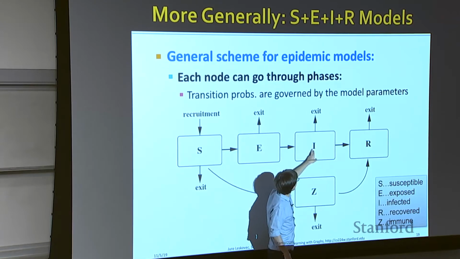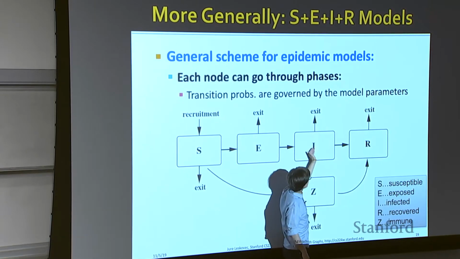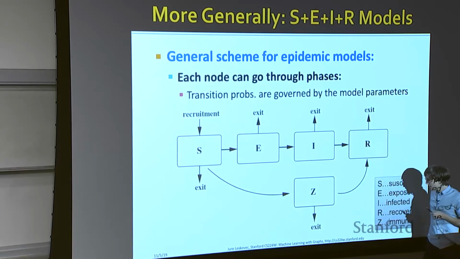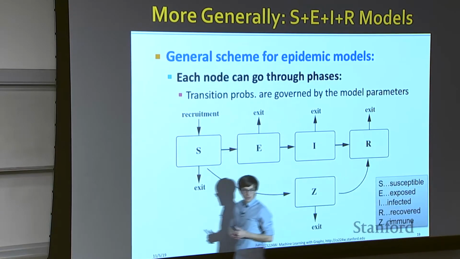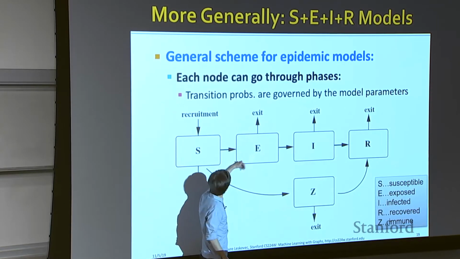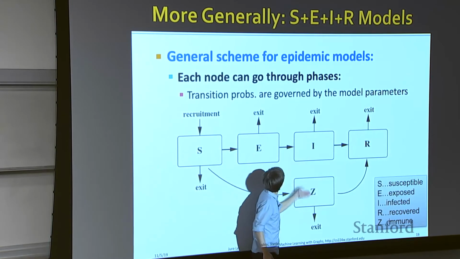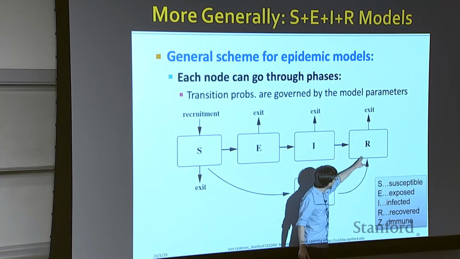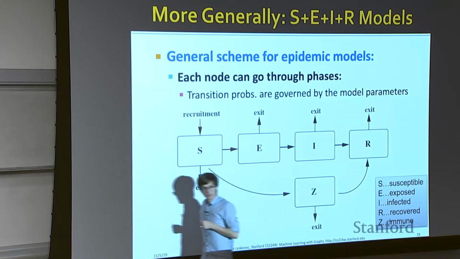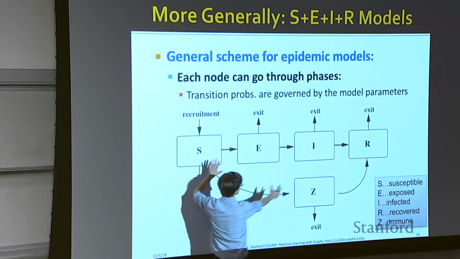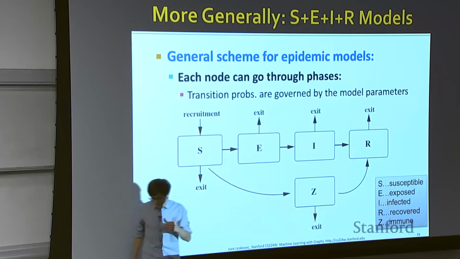Now that you are infected, you can again exit the system, or you can get recovered or removed. And Z here is immune, right? A susceptible node can either be exposed and infected, or it can be immune, so it doesn't really matter what happens, and could then go to the recovered state, right? And now, given the disease, these boxes and these states, this state diagram will be composed in a different way.